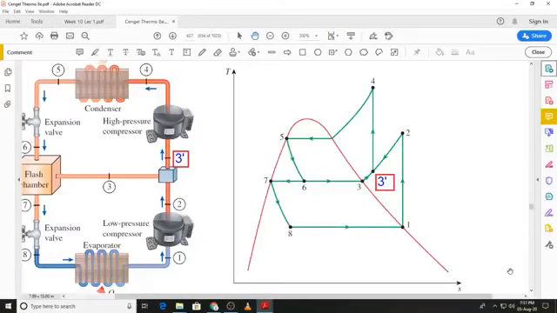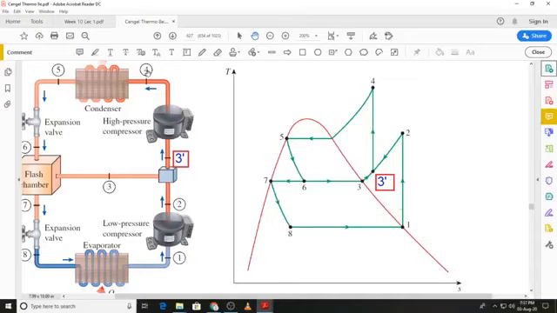And finally, let's also look at the same cycle drawn on a TS plot. This is not the exact cycle that we are working with, and I'll show you where this needs modification, but the basic arrangement is the same.